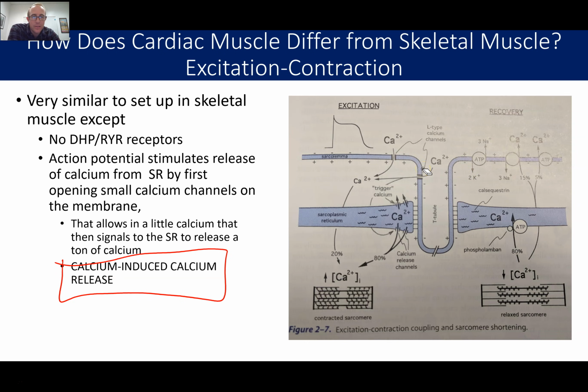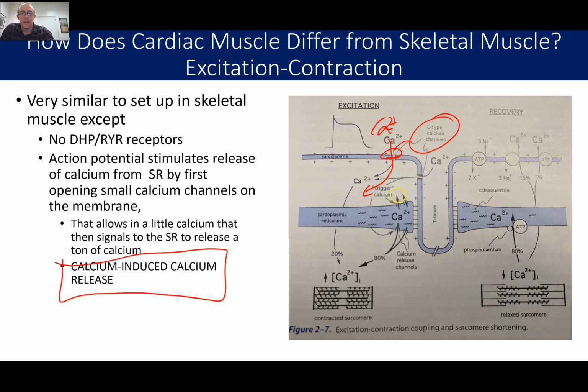And when you get a lot of positive ions flowing in, you have these L-type calcium channels. These L-type calcium channels are voltage sensitive. So when hit with a positive voltage, they open up and calcium flows in. So you get a little bit of calcium going into the cell.